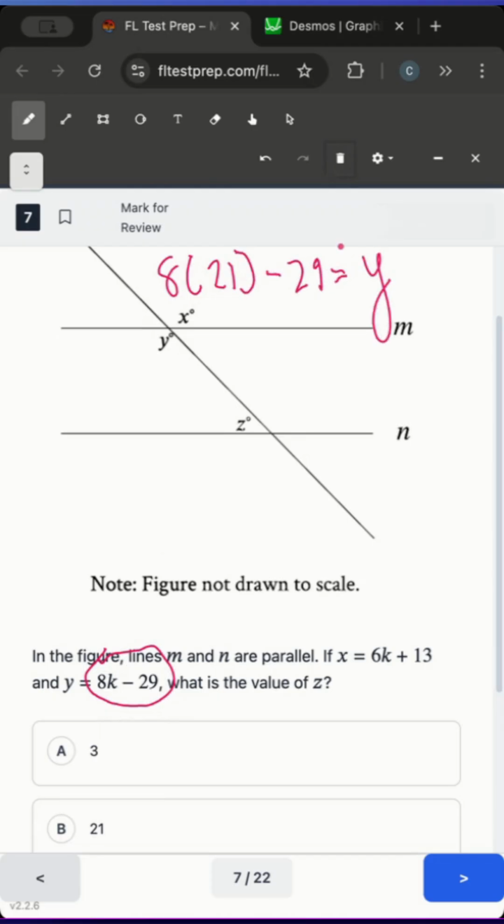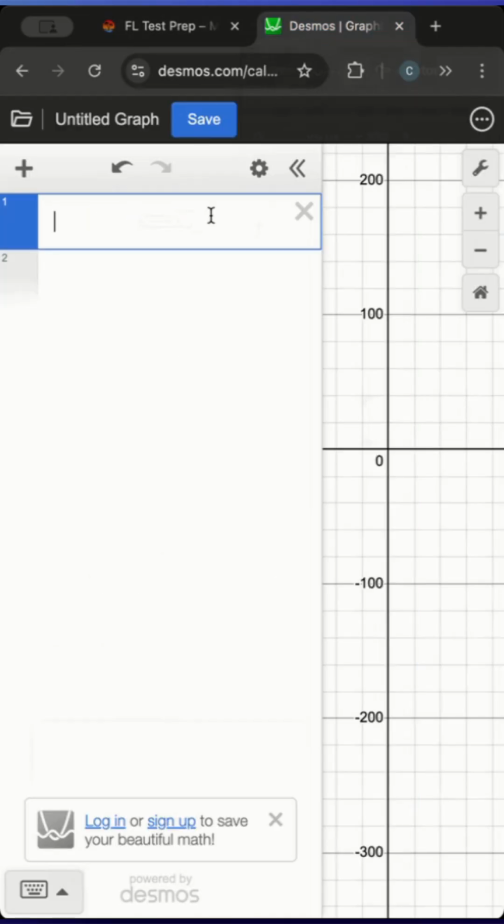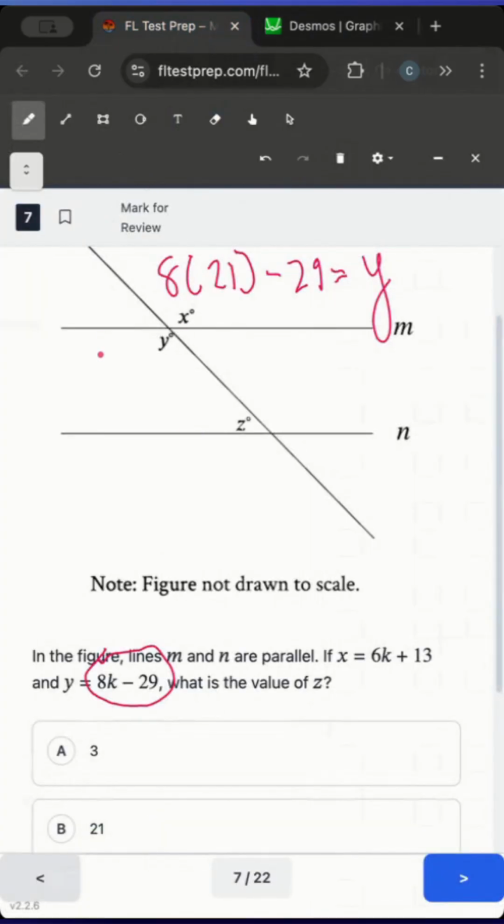So let me plug that into Desmos because I do not like doing math like that. So 8 times 21 minus 29. I know y is 139 degrees.